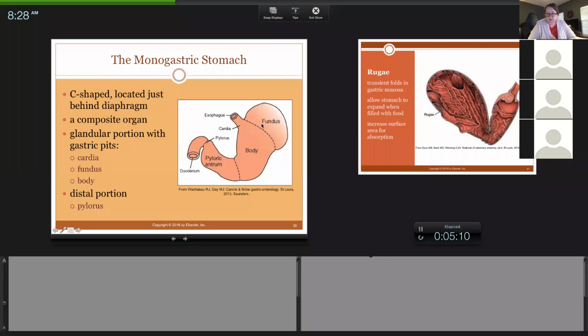It might go in between the fundus and the body, but if they overeat, or say you go to a buffet and you're like, "I'm getting my money's worth," that fundus can stretch and accommodate extra food for storage. So the fundus is primarily a storage container, and the body is more of a mixing container. The cardia is the opening.